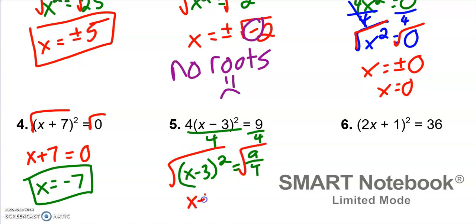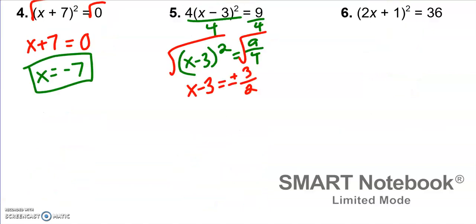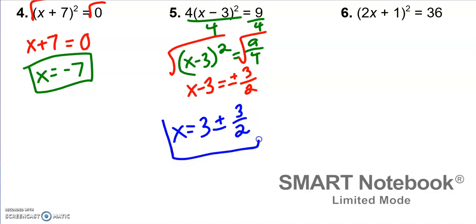So I get x minus 3 is equal to plus or minus... Well, the square root of 9 is 3. The square root of 4 is 2. So I get this final answer of x is equal to 3 plus or minus 3 over 2. That happened because I added 3 to both sides.